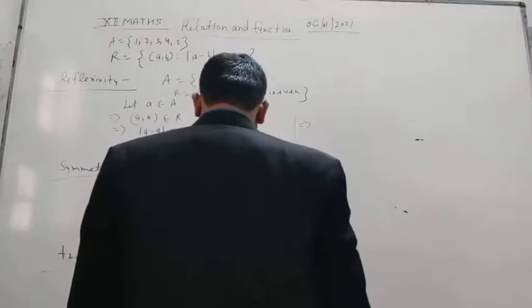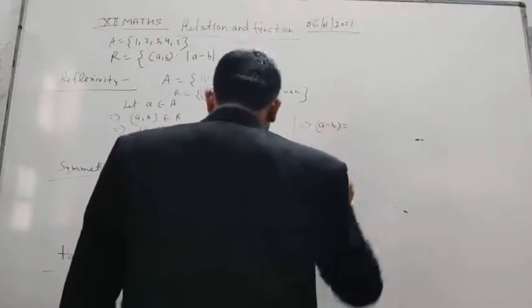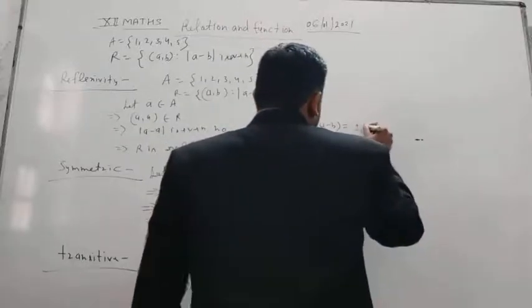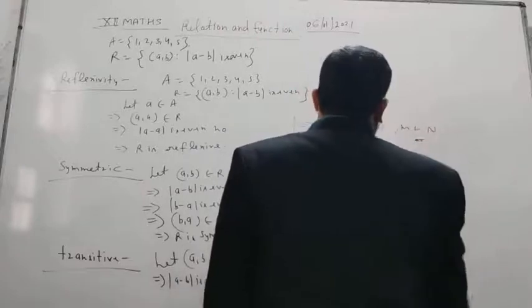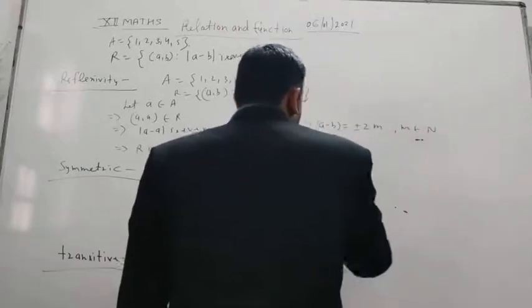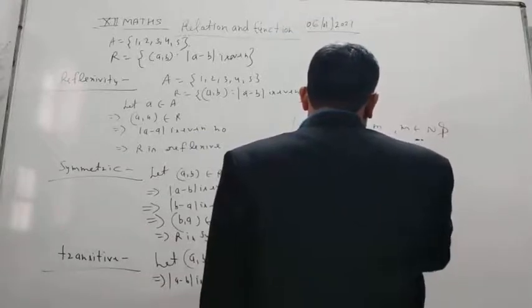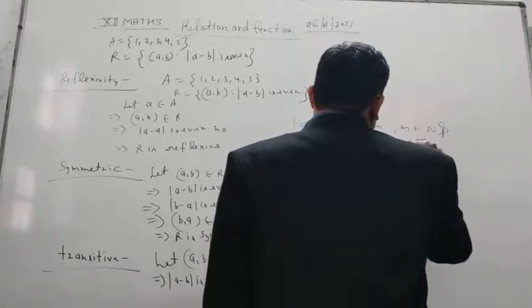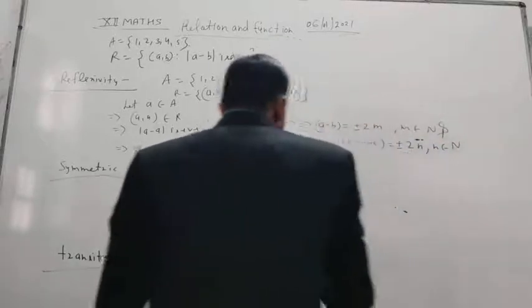So a - b is an even number, so we can write a - b = ±2m, where m belongs to N. And similarly, b - c is also equal to ±2n, where n belongs to N.